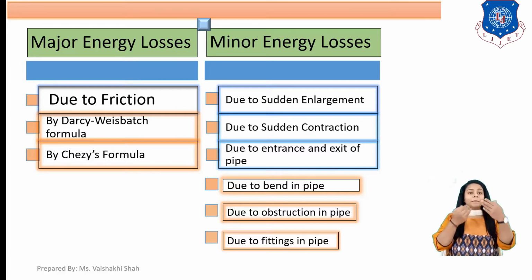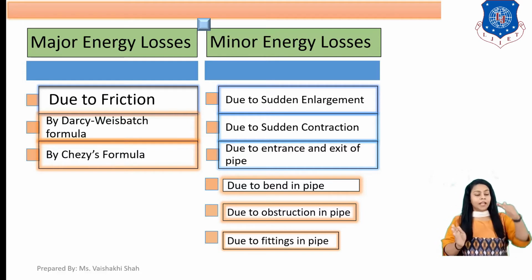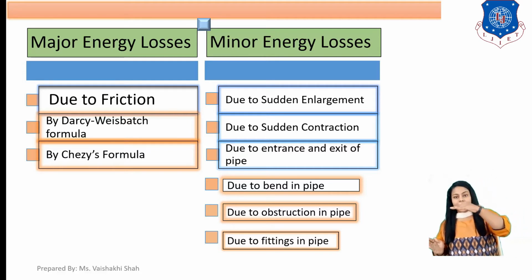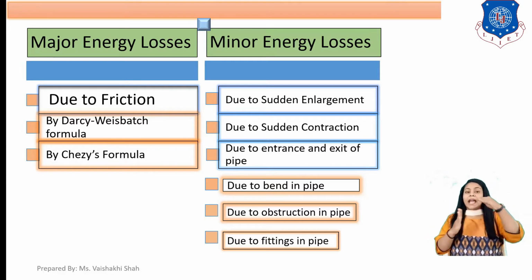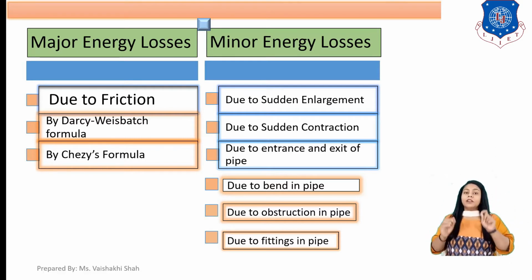First of all, major energy loss is due to friction only. When fluid is flowing in a pipe, the surface of the pipe applies friction, which resists movement of the fluid, and major energy losses are mainly due to friction.